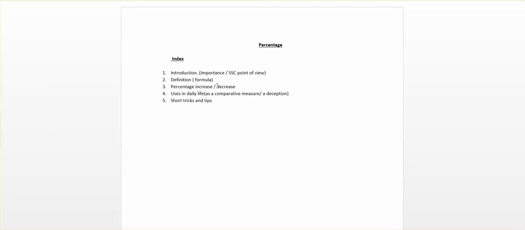But still, we'll discuss the definition and the formula. Then we'll discuss percentage increase and decrease, how percentage is useful in our daily life, and certain short tricks and tips regarding this concept. Okay friends, so let us start.